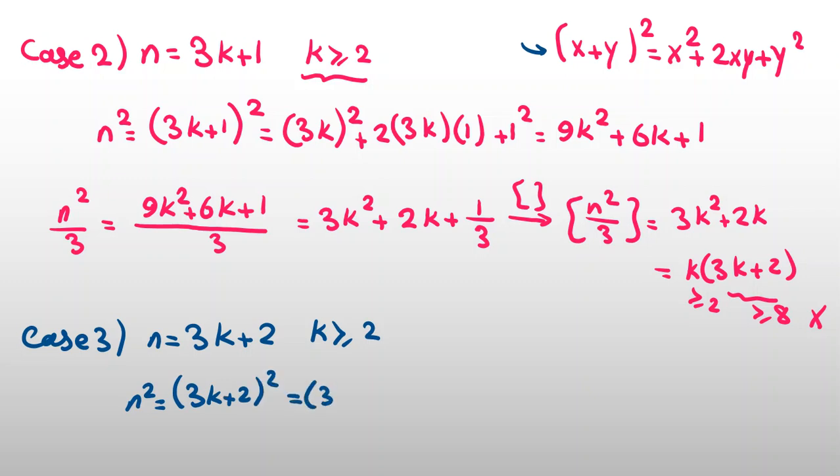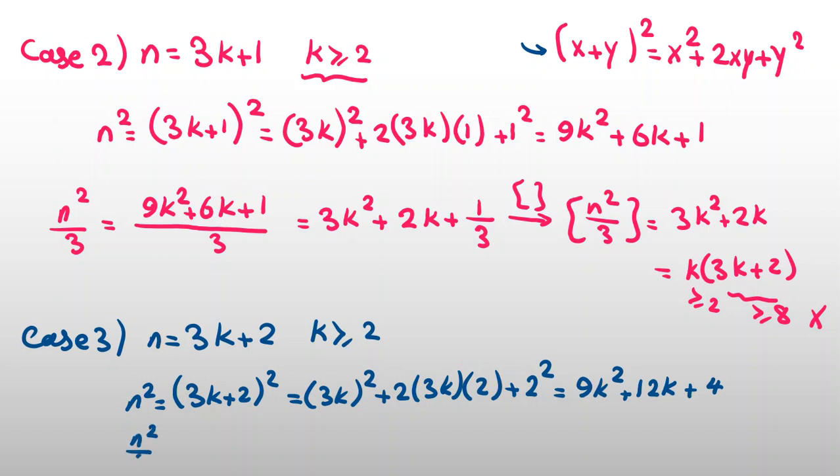And it will be 3k squared plus 2 times 3k times 2 plus 2 squared, which will be 9k squared plus 12k plus 4. Now, if we divide n squared over 3, let me write, 9k squared plus 12k plus 4 all over 3. It will be 3k squared plus 4k.